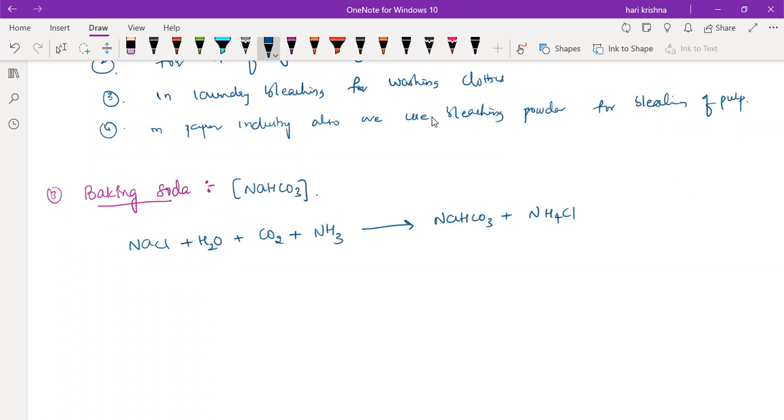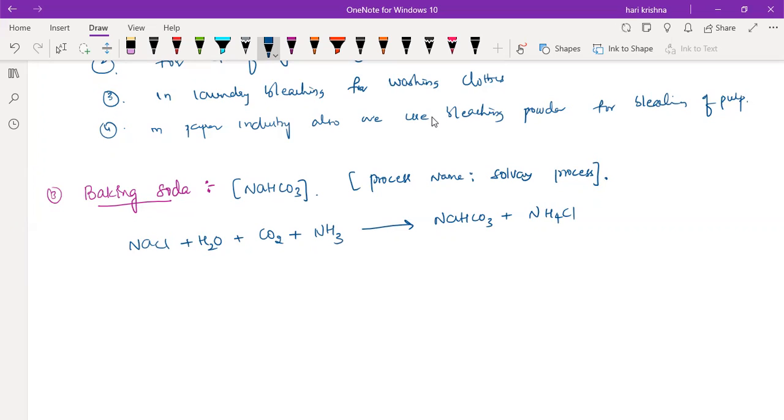This process is called the Solvay process. What is the process name? Solvay process.